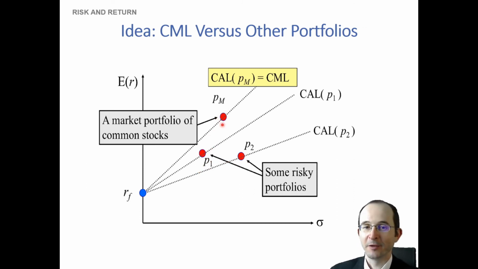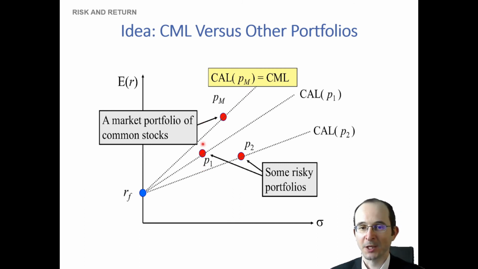But if the market portfolio has the highest Sharpe ratio, and therefore the highest ratio of expected return to standard deviation, as we've drawn it here, it's got a higher return than portfolio 1, and a higher but not as marginally higher standard deviation than portfolio 1, and it's got a higher return than portfolio 2 and actually a lower standard deviation than portfolio 2. Therefore, graphically, it's got a higher Sharpe ratio than both.